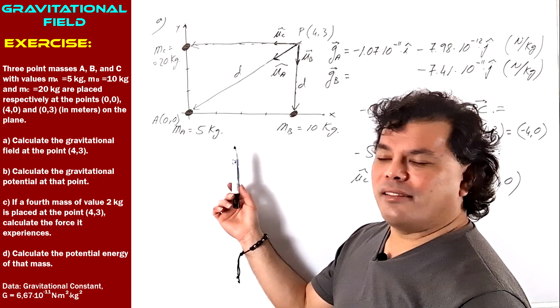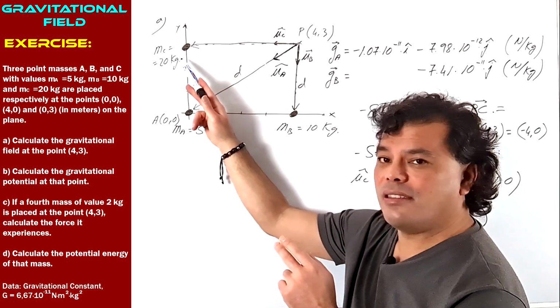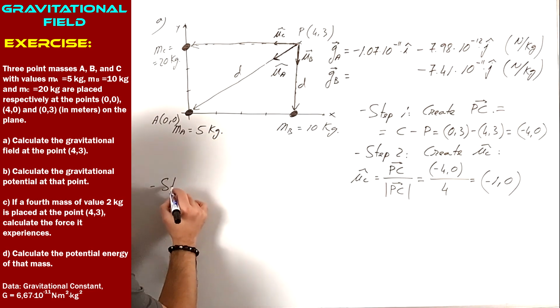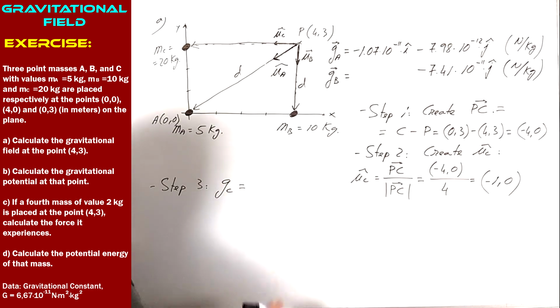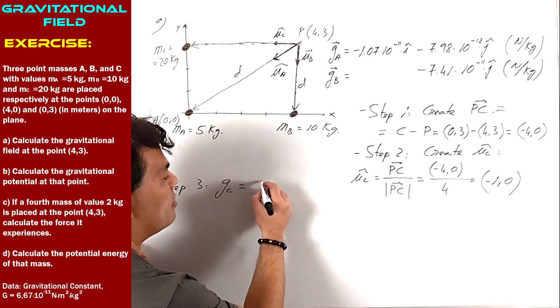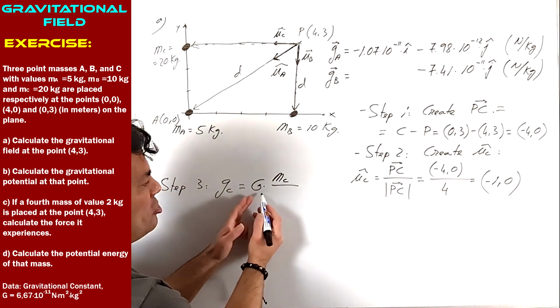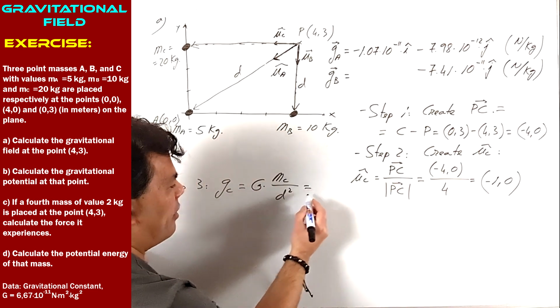Now it's time to calculate the magnitude of the gravitational field caused by mass C at point P. This will be step number 3. We calculate it, as I told you previously, only in magnitude, using Newton's gravitational law: G multiplied by the creating mass divided by the distance squared.